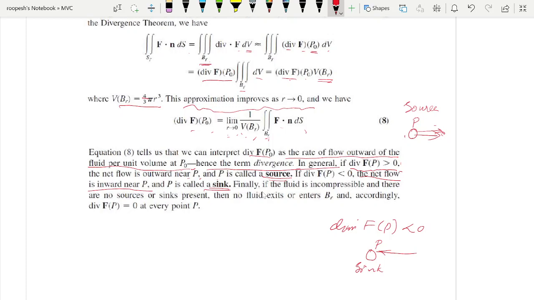Finally, if the fluid is incompressible and there are no sources or sinks present, then no fluid exits or enters BR, and accordingly what you are getting is divergence of F at P equal to 0 at every point P. So whenever divergence of F at P is equal to 0, we can say that the liquid is incompressible and it is not flowing anywhere, right?